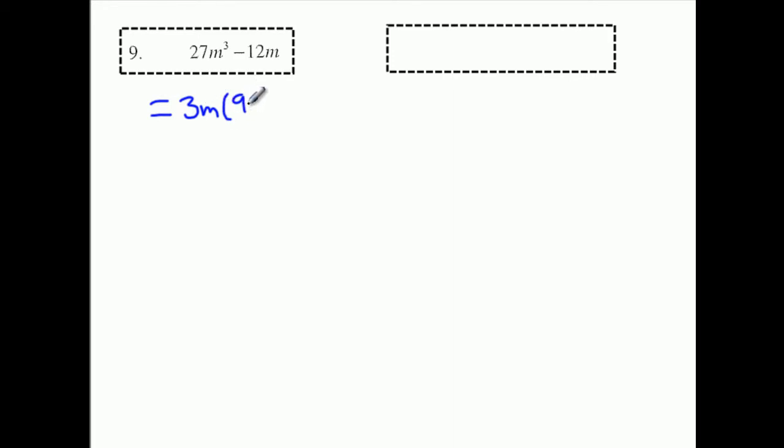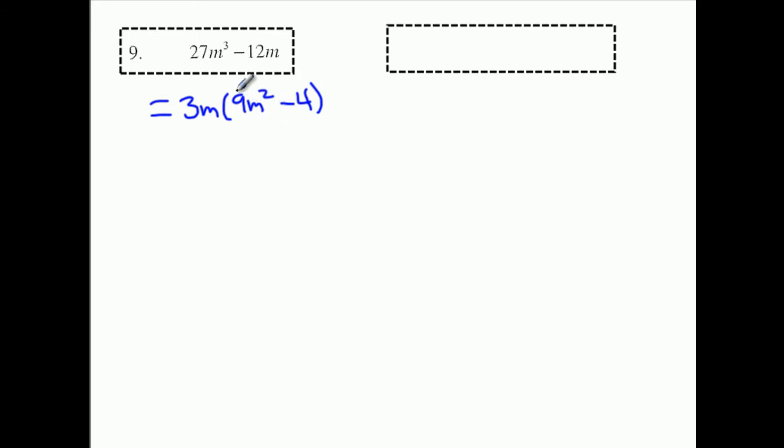So that leaves you with 9m squared minus 4. So when you distribute this 3m back in, you get 27m cubed minus 12m. So that's good. Now we're left with two terms here, and it's looking like a difference of squares. So you have one term that's positive and the other term's negative.